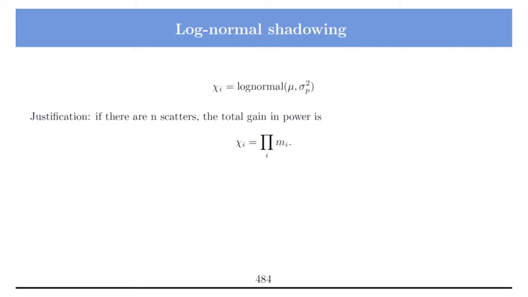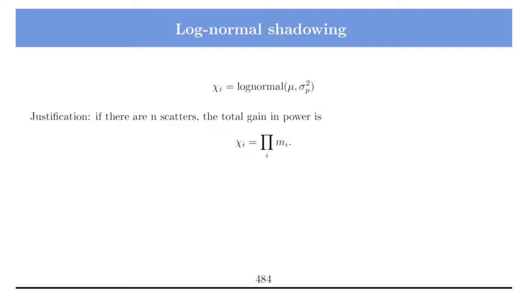What distribution do people take for shadowing? In most cases shadowing is modeled using log-normal. It means the log of psi_i is Gaussian. And what is the justification behind it? Basically, suppose there are n scatterers between the transmitter and the receiver, and from each scatterer there is a gain in power equal to m_i.